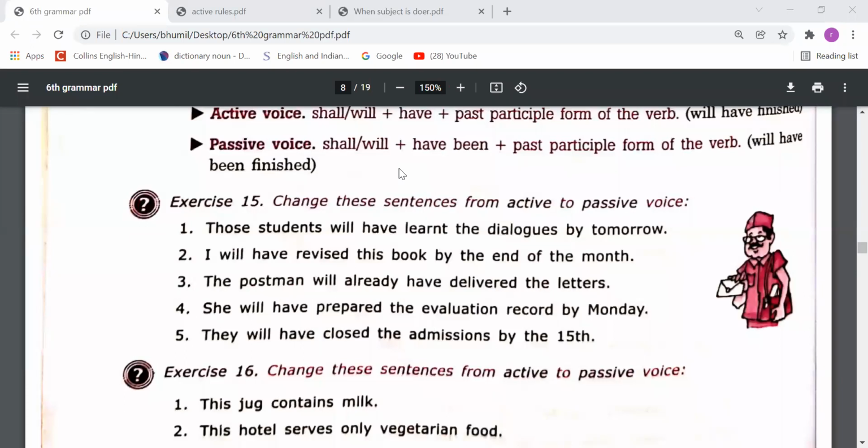Who are there? Yes, sir. Vivek, can you give me the answer? Sir, the dialogue will have learnt by those students. The dialogues will have been.